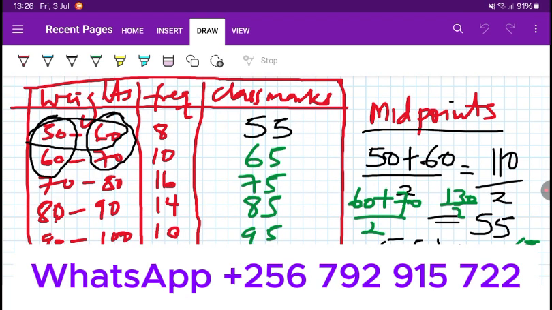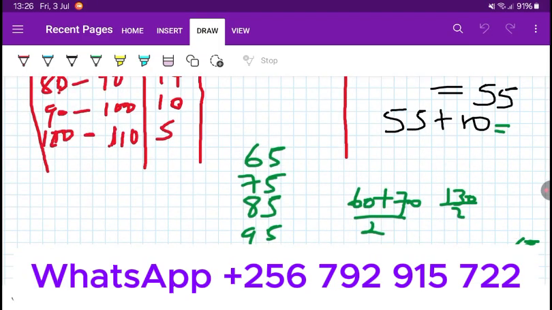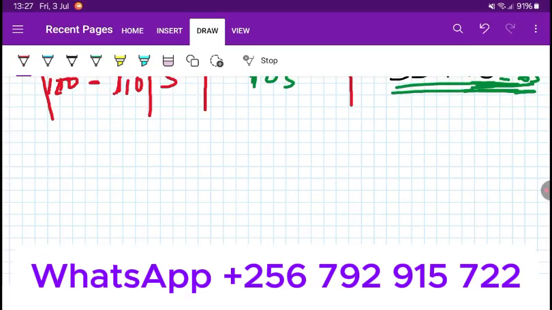Sometimes the class intervals may not be the same. If they are not the same and you use this method, you'll get a wrong answer. So you have to be extra careful when you are getting those values. So this last one was 110 to 120 with a frequency of 2. And then when you add 110 plus 120 divided by 2, it gives you 115.